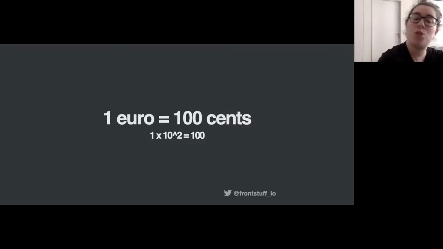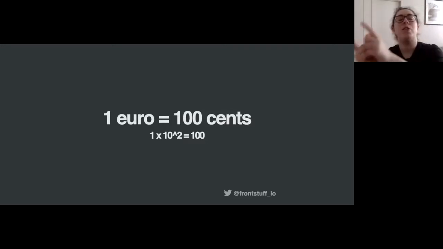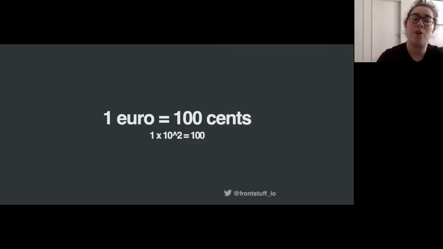So this makes 2 the exponent. So to be clearer, basically, to decide what the exponent is, you get the power of 10 by which you want to multiply to go from the major currency unit to its representation in minor currency unit.